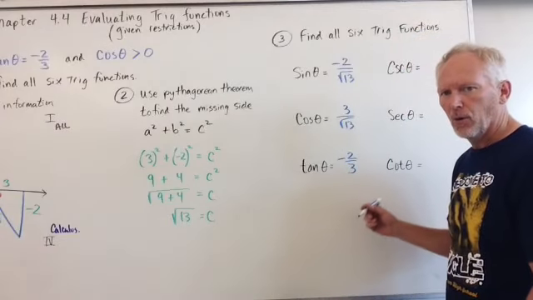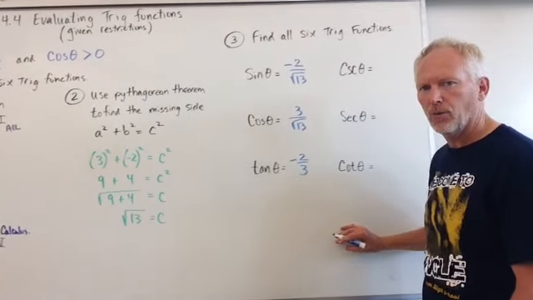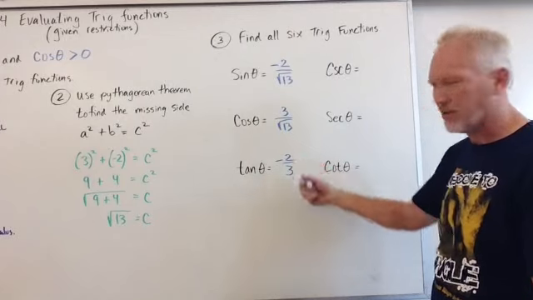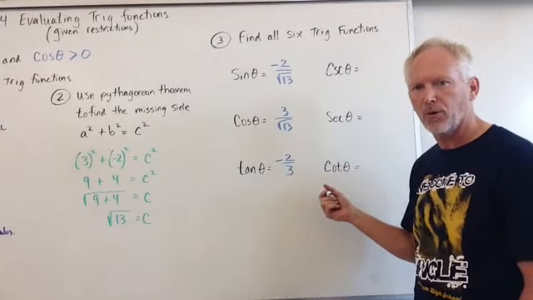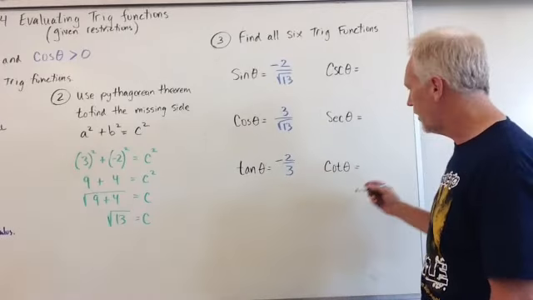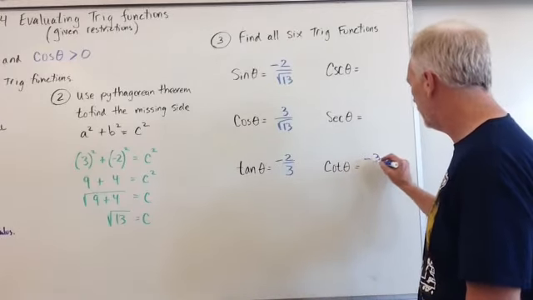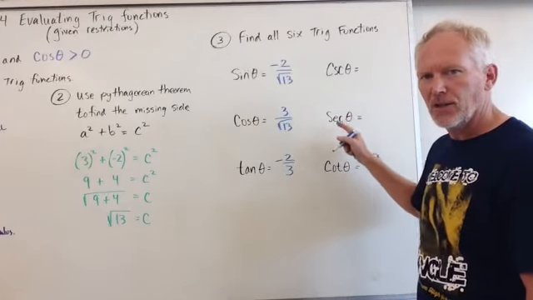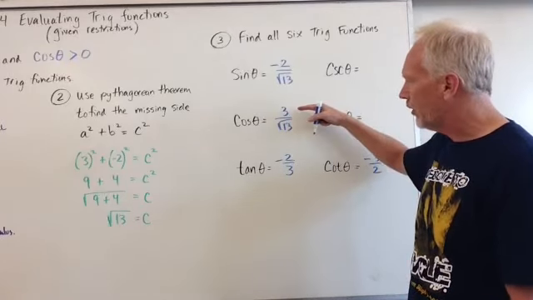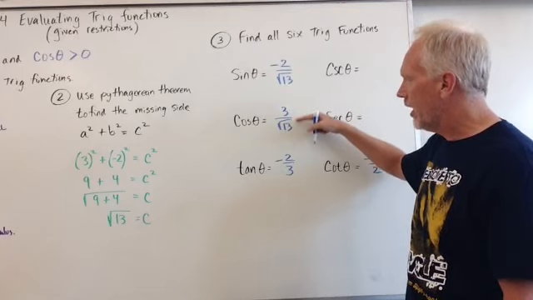All right? Now we'll go the opposite direction here. We'll start with cotangent first because this is an easy reciprocal to take. Remember, cotangent is the reciprocal function of the tangent. And so we get negative 3/2. Secant is going to be 1 over cosine.